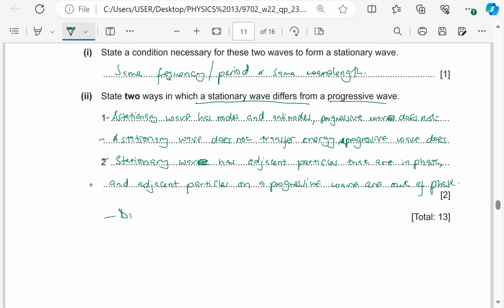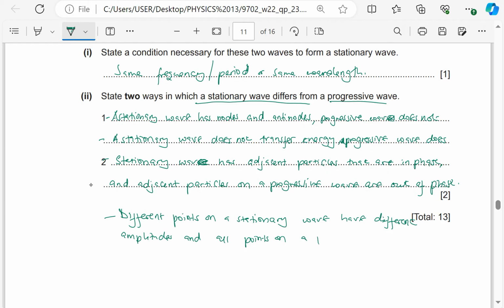So I'll say different points on a stationary wave have different amplitudes, and all points on a progressive wave have the same amplitude.